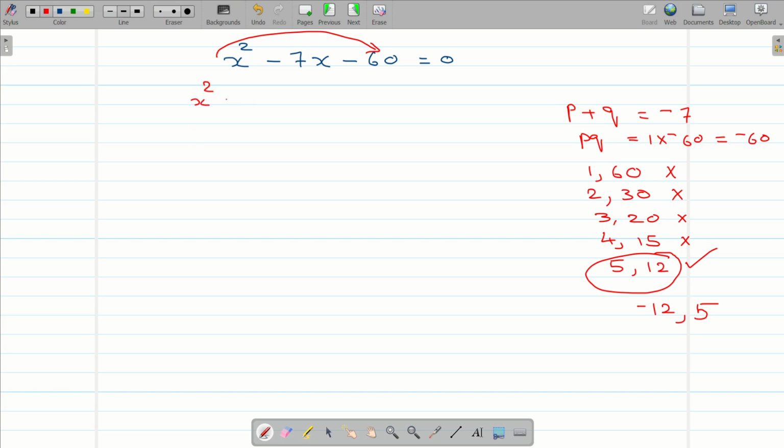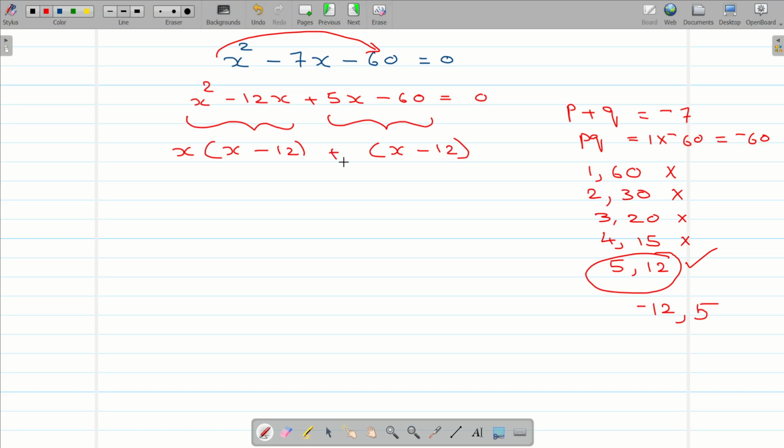x squared minus 12x plus 5x minus 60 is equal to 0. From the first two and from the last two, we are going to take common factors, x into x minus 12, and the next bracket should be x minus 12.